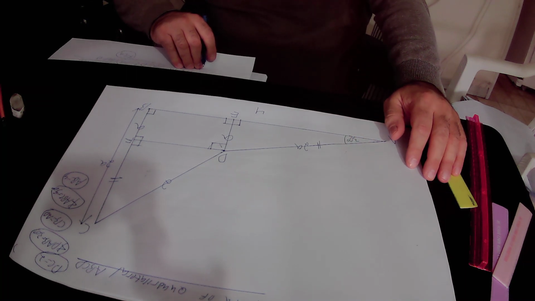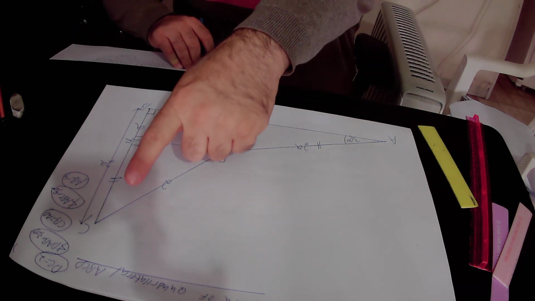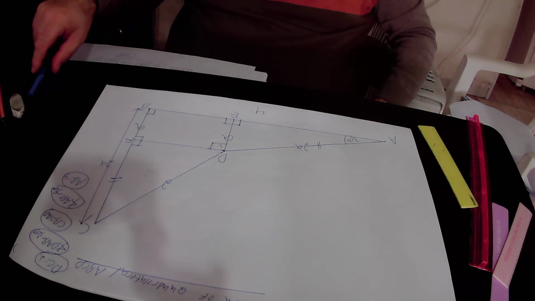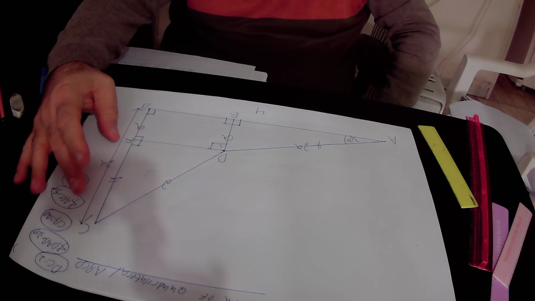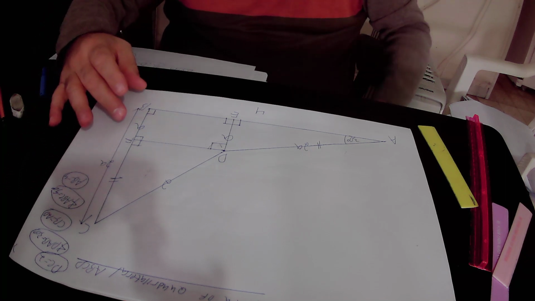What is the value of CF? The value of CF, you can see from the drawing, is CB minus FB.